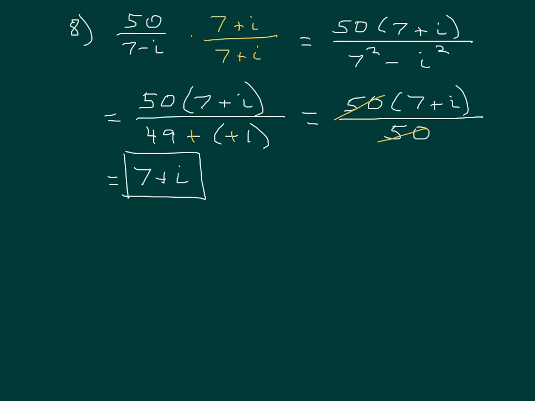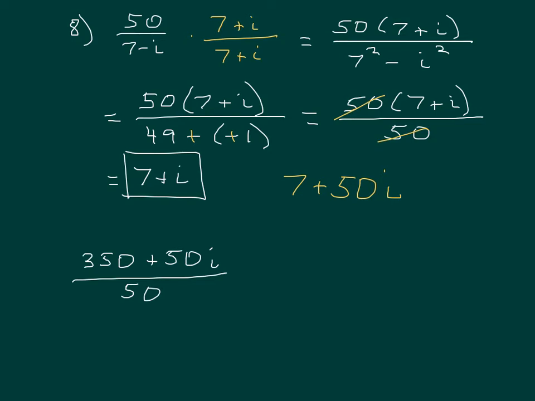Your answer was 7 plus 50i. So it looks like you probably, at this point, multiplied the 50 times 7 and the 50 times i. So here's what I suspect you did. You had 50 times 7 resulting in 350 plus 50i over 50.